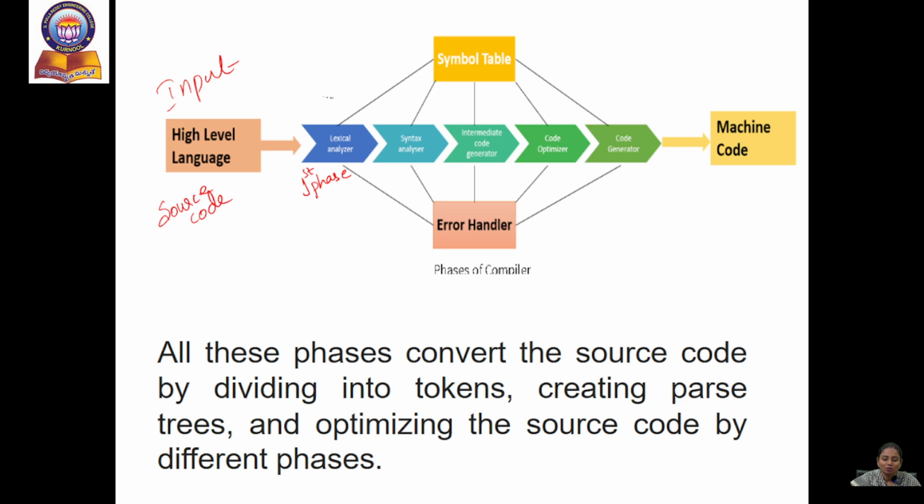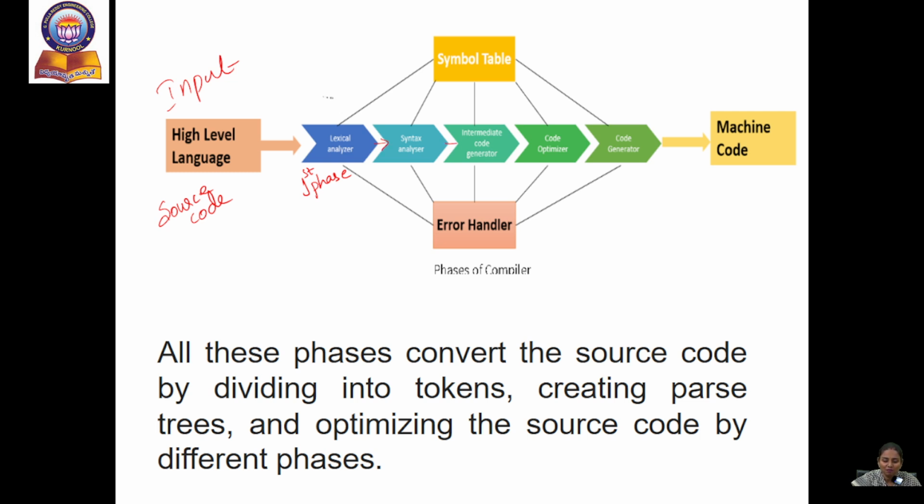This lexical analyzer has a few responsibilities, and it completes its functionalities in this phase. After completion of the lexical analyzer phase, some output will be there. That output will become the input towards the second phase, the syntax analyzer.